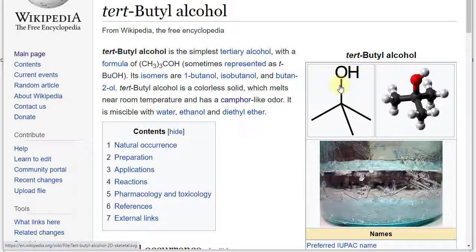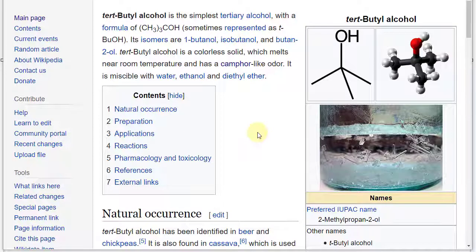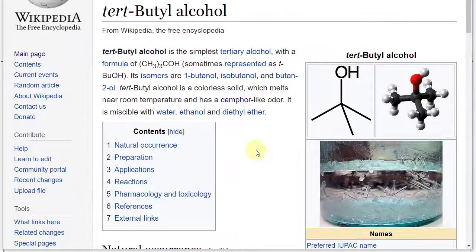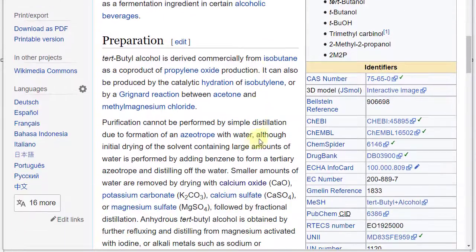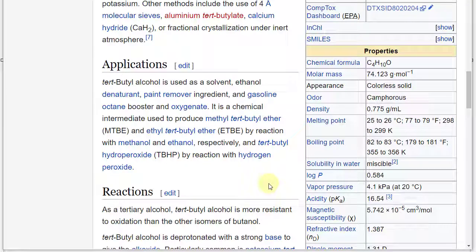It's a small molecule. It's got an OH. And surprisingly, it's been found in beer and even in chickpeas, which sort of surprises me. Commercially, it's used in paint removers. It's a pretty decent solvent. It even increases the octane numbers of gasoline.